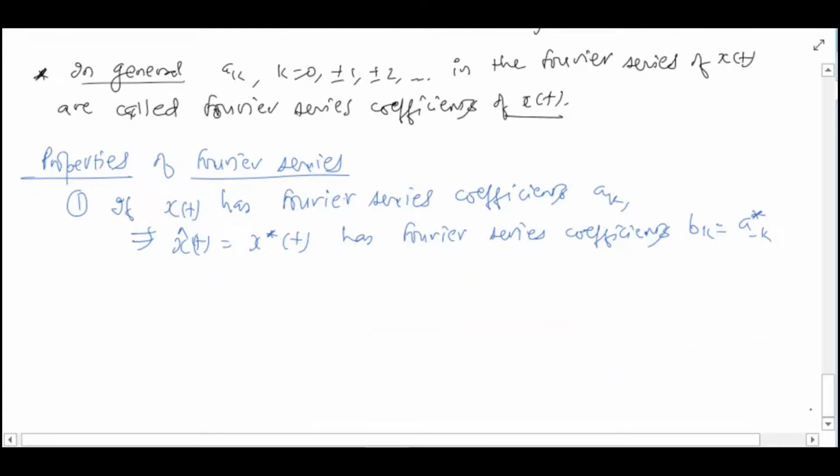This property is called the conjugate symmetry property.